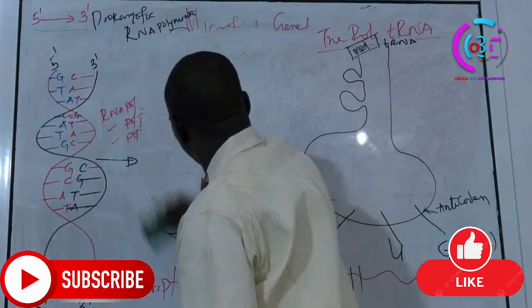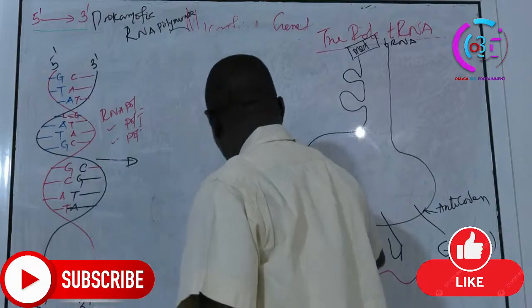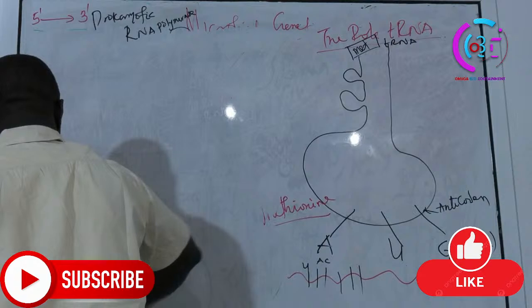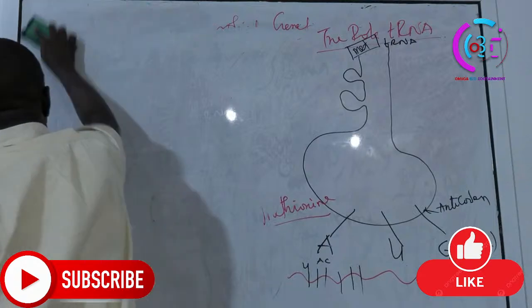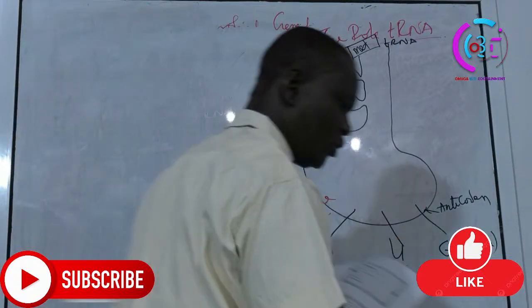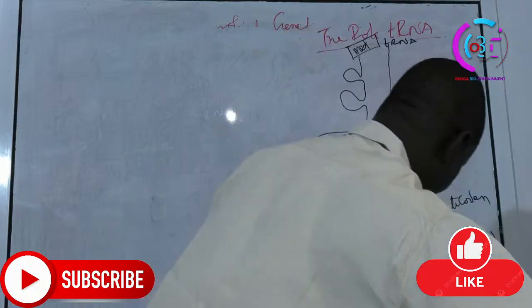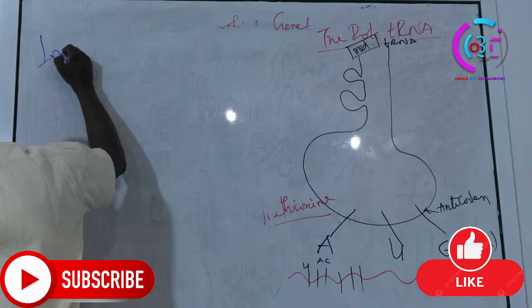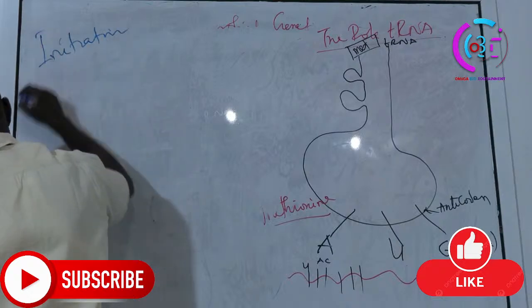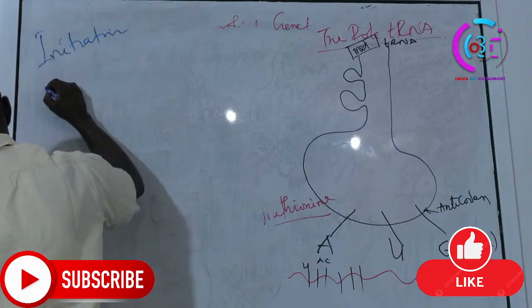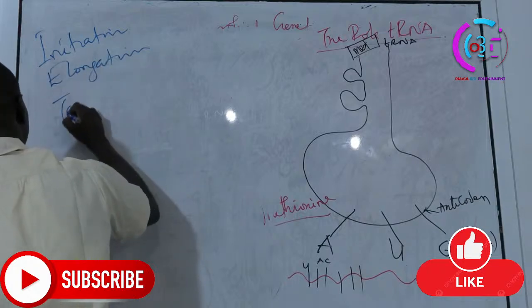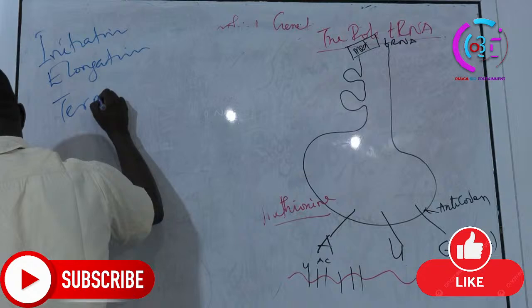Now the process of translation, that is protein synthesis, can be divided into three stages, just like transcription, which you have in form of four. So this one also has an initiation stage, elongation, which is the second stage, as well as a termination stage.